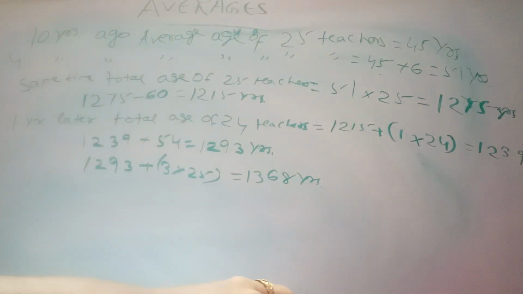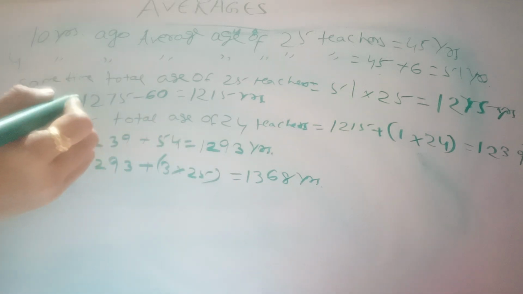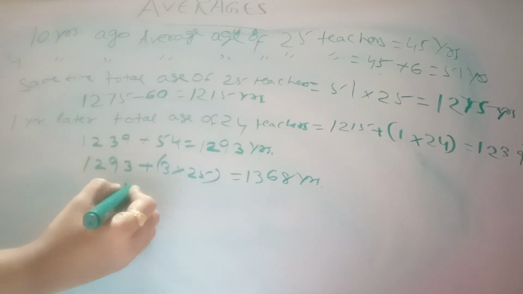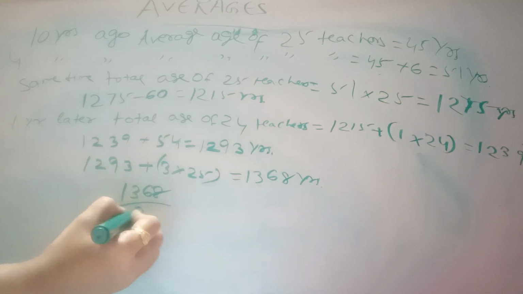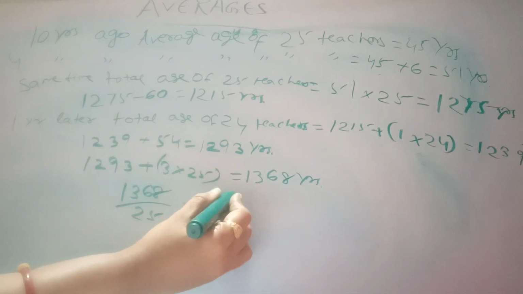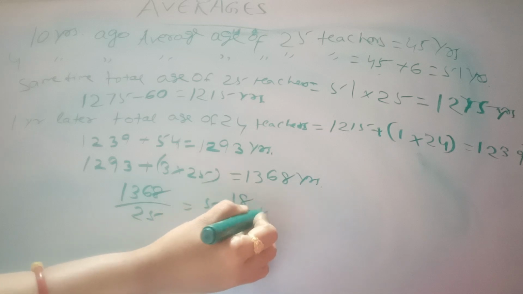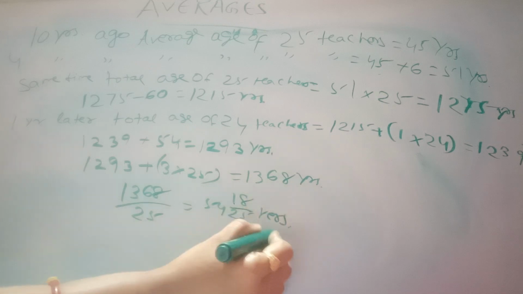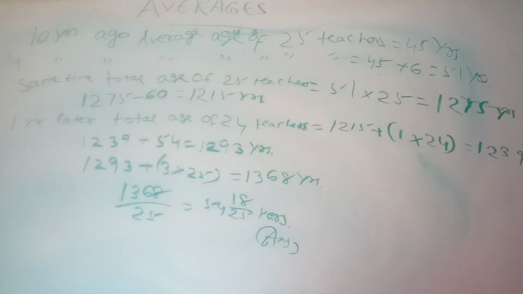Hence the average age of 25 teachers will be 1368 divided by 25 equals to 54 118 divided by 25 years. This is the answer. Got it?